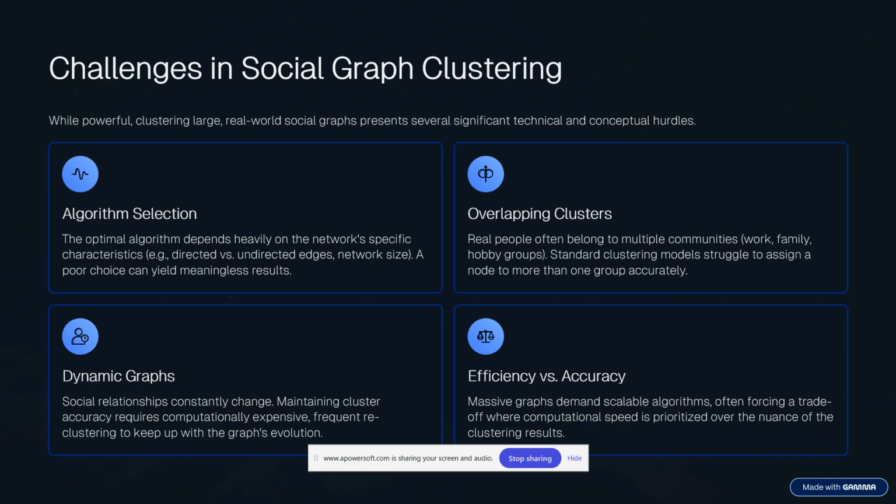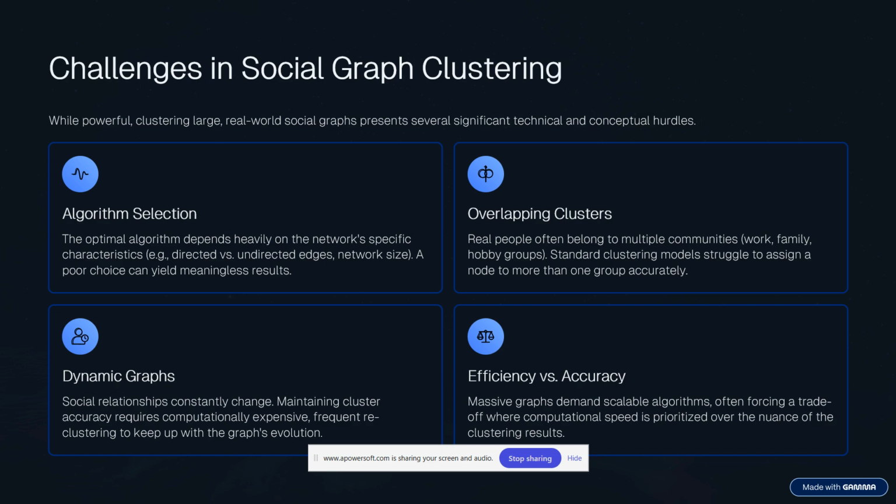Challenges in social graph clustering. While powerful, clustering large real-world social graphs presents several significant technical and conceptual hurdles. Algorithm selection. The optimal algorithm depends heavily on the network's specific characteristics, for example, directed versus undirected edges, network size.